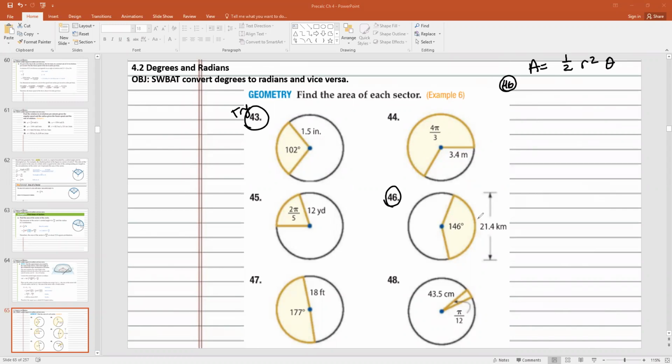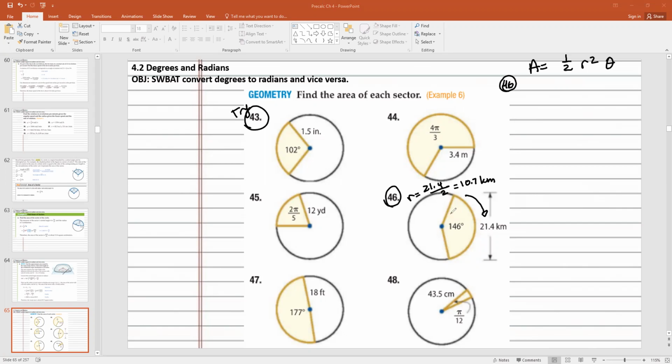Now here, do they give us the radius? No, but they do give us the diameter. The diameter is 21.4. So 21.4 divided by 2 is going to give us 10.7 kilometers.